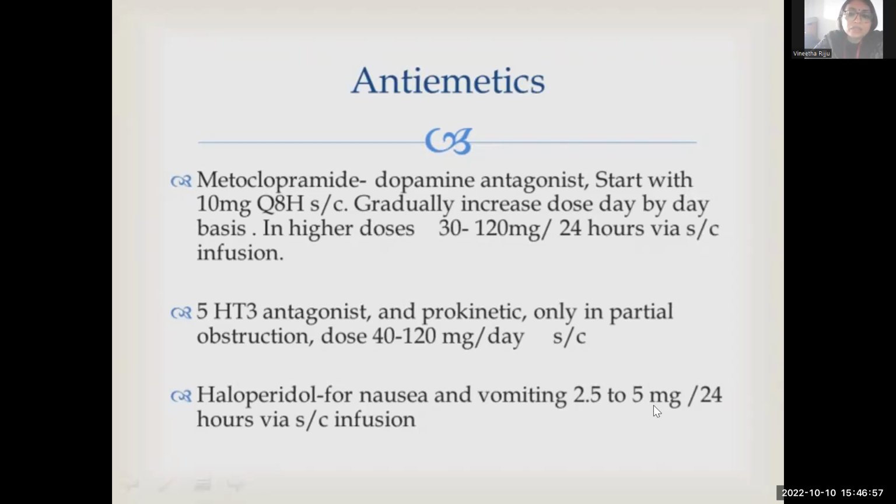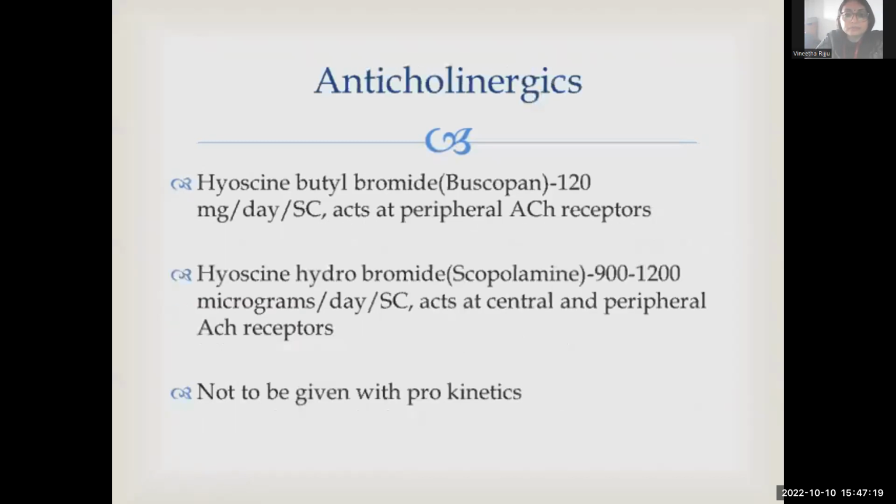It can be given over 24 hours via a subcutaneous infusion if your patient is having severe vomiting and not tolerating oral. So the 5-HT3 antagonist is ondansetron. The prokinetic is metoclopramide.